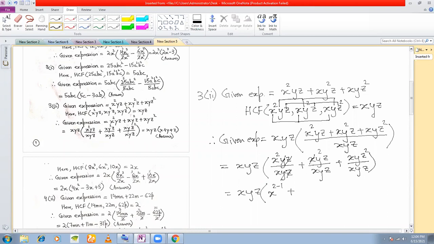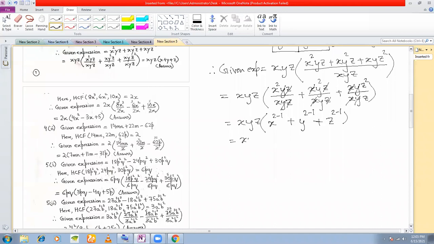Plus, and here x and x will cancel, z and z will cancel. We have y to the power of 2 minus 1 left. Here x and x will cancel, y and y will cancel. So here you have z to the power of 2 minus 1 left. So here you have xyz into x plus y plus z. So this has been factorized into how many factors? 4 factors. 1, 2, 3, and 4. 4 factors are there. Okay, so let's do the next one.